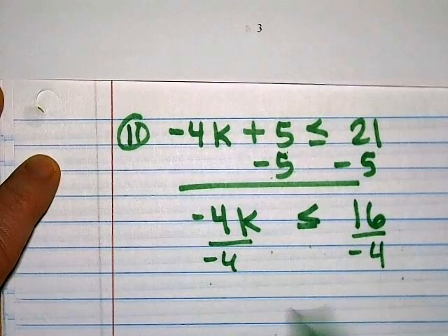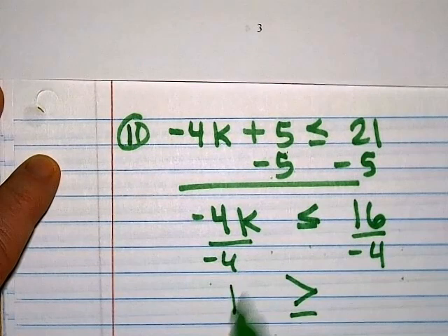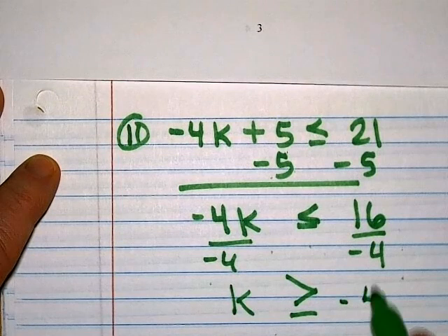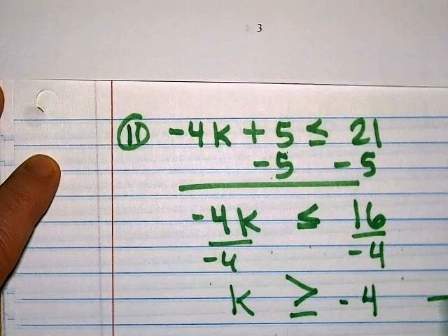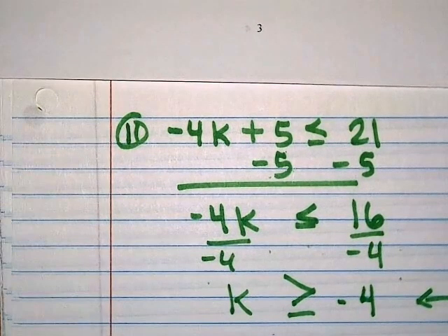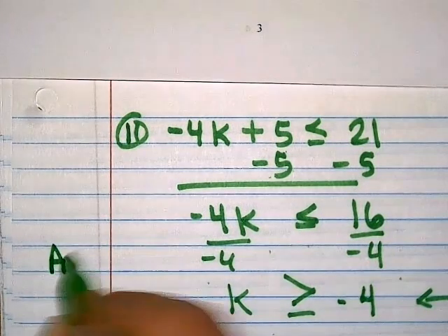And that's going to cause you to change the direction of the sign, and what do you get? K is greater than or equal to negative 4. And if you graph that on a number line, is it open or closed? So number 11, the answer is A.